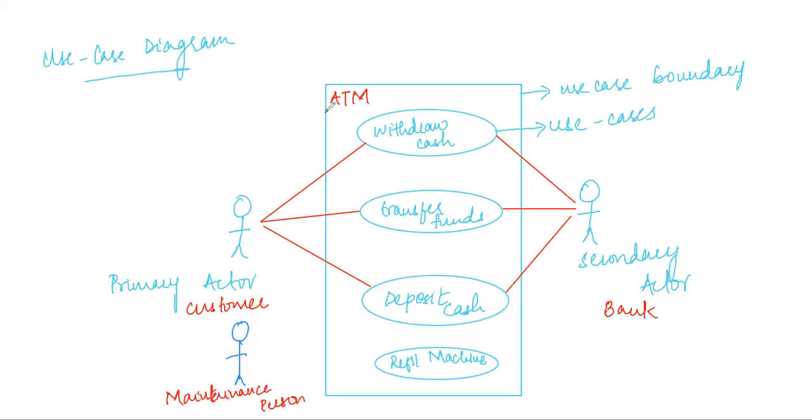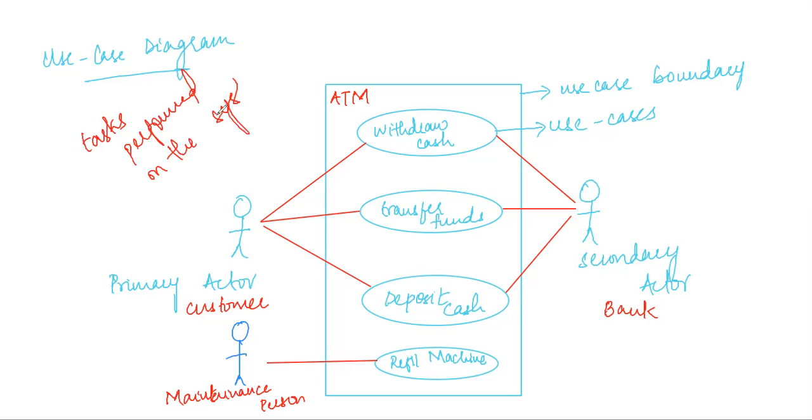You're going to have a relationship in here. Now this maintenance person does not need any permission from the primary or the secondary actor. He's a completely different person. So these use cases are defined so that you get a better understanding of the different scenarios, that is, the different tasks that are going to be performed on the system.